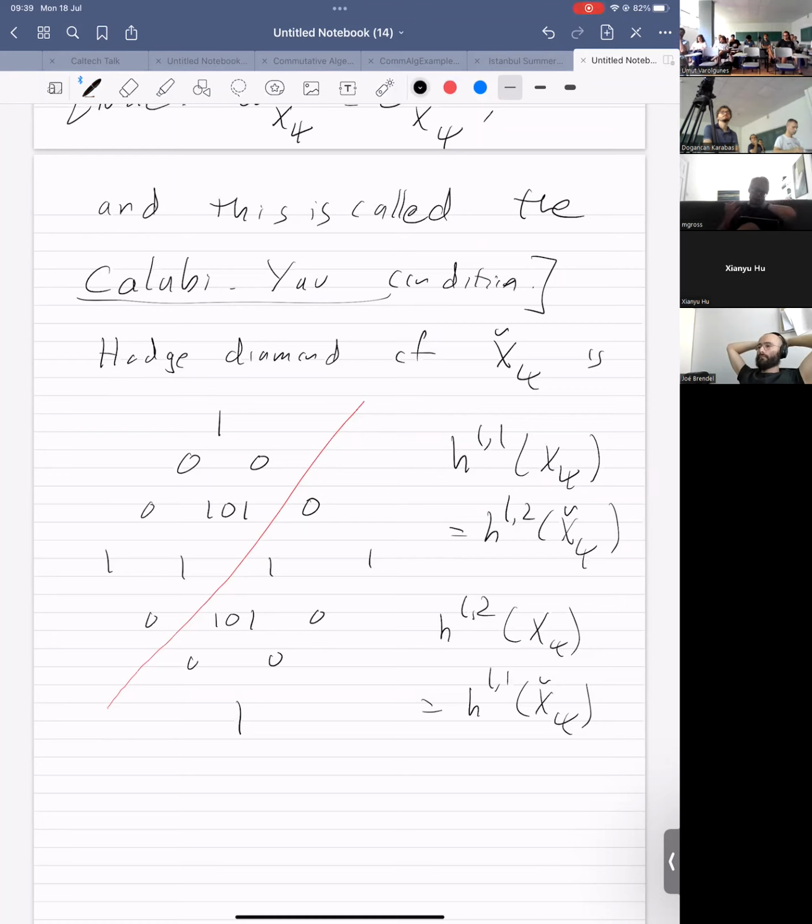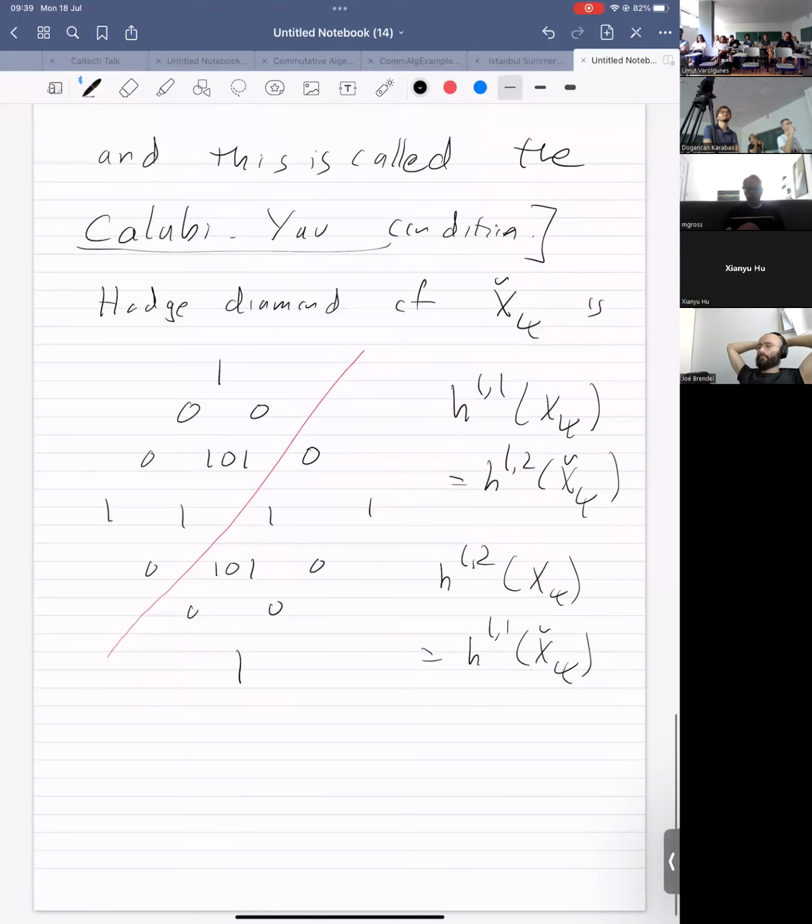And this is, as far as I understand, the reason why the word mirror symmetry was introduced. There wasn't anything really deeper about that than this reflection about this diagonal axis.